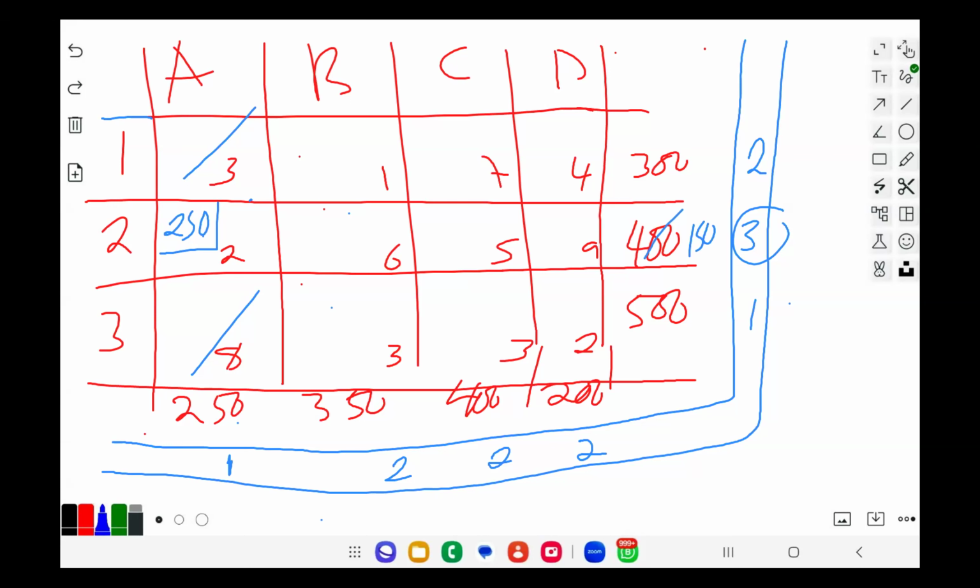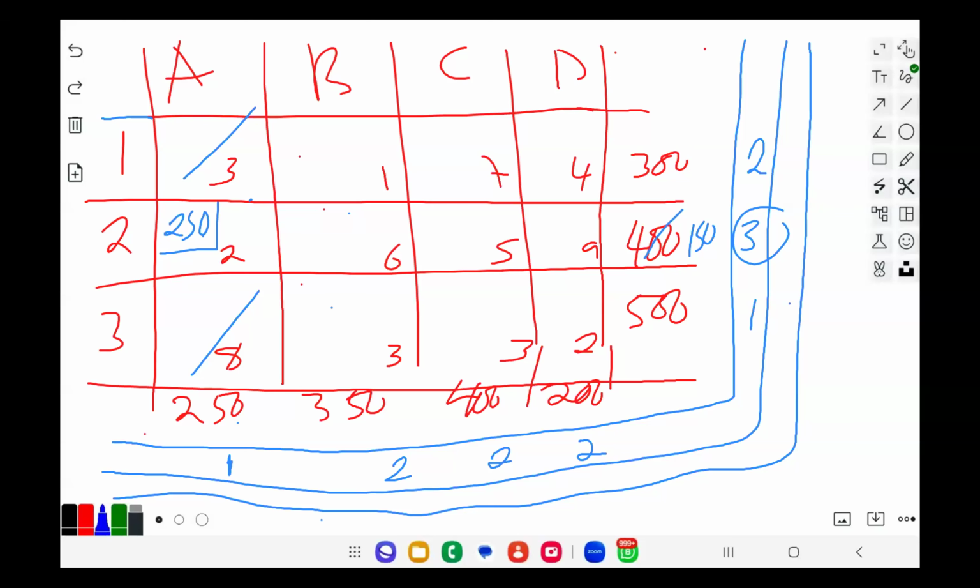Then when we are done with that, again we have to do other penalties in the remaining rows, the ones that are not assigned.